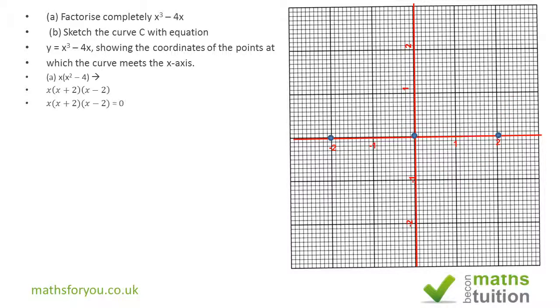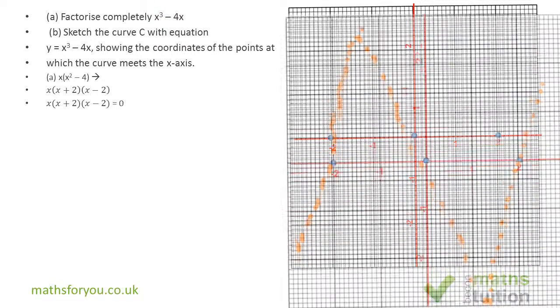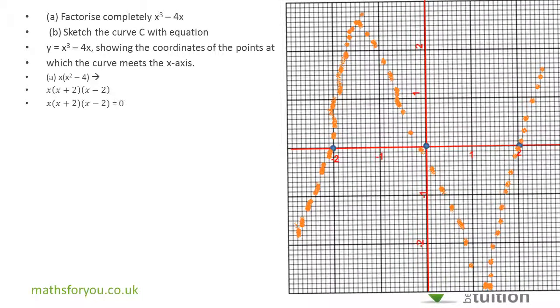This is because when x is minus infinity, y is also minus infinity, and when x is plus infinity, y is plus infinity, if we ignore the minus 4x and concentrate on the x cubed. So our graph will look something like this. You have to excuse the poor sketching. Hope all that makes sense.